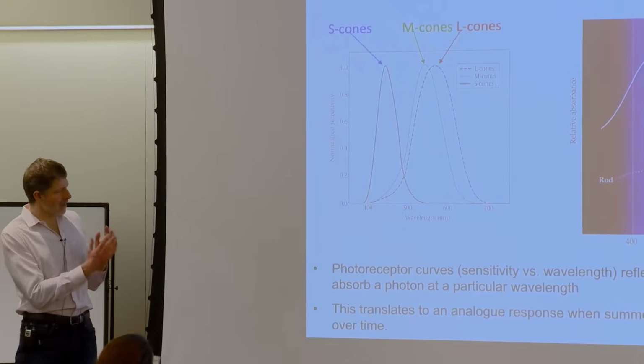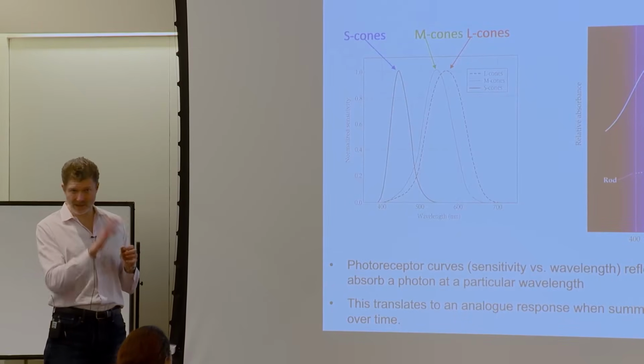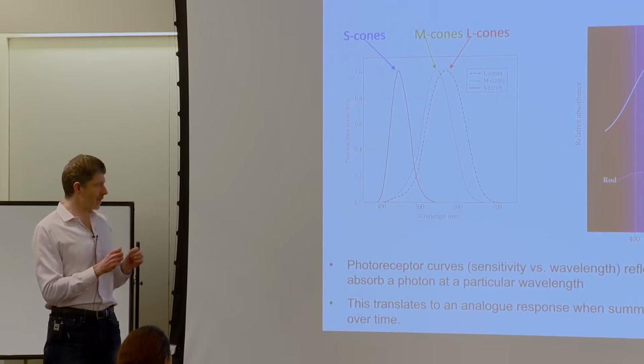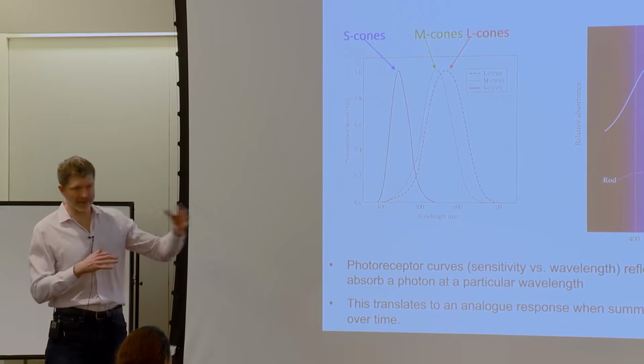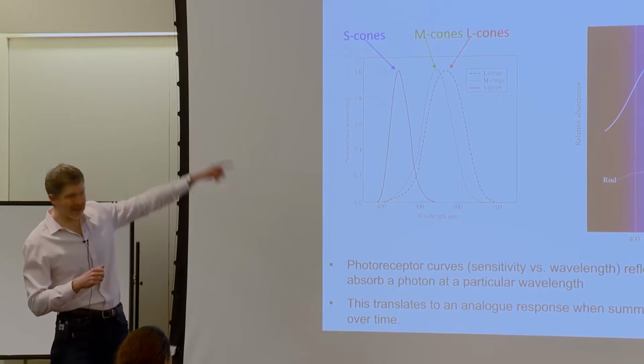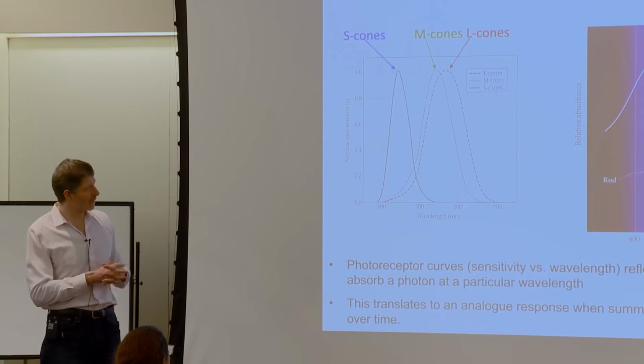If you imagine a photoreceptor that's in the business of absorbing photons and generating a response, and you sum over many receptors or over time, this is going to be the magnitude of response that you would get for a given intensity of a given wavelength.